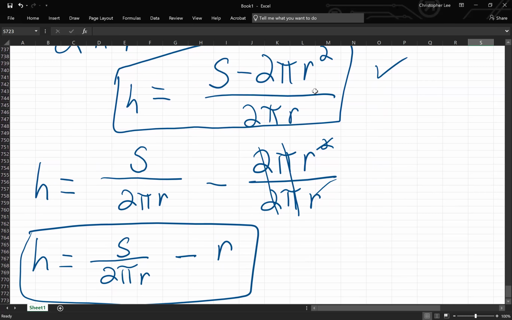If I wanted to go further, like say I wanted it to be bare bones, I can put both terms in the numerator under the same denominator and then reduce it individually. That's another way to have done it. But 2 pi r squared is treated as a single coefficient and variable.